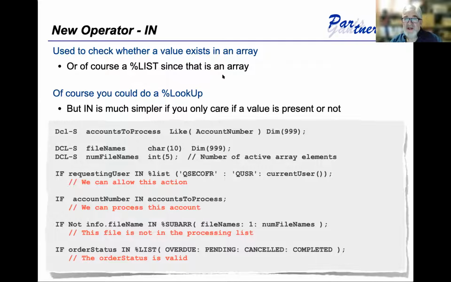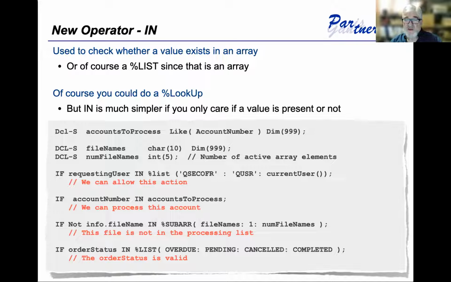The new operator in, we've mentioned it with range, but it's more often used against arrays. So you're basically using this as a kind of lookup operation where you just want to know if the value is present or not.